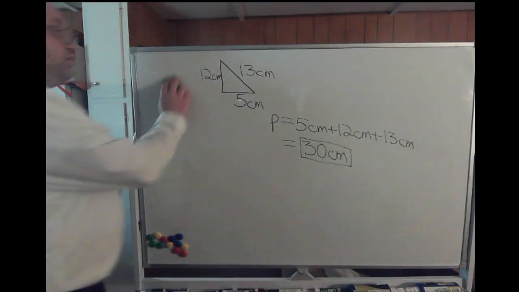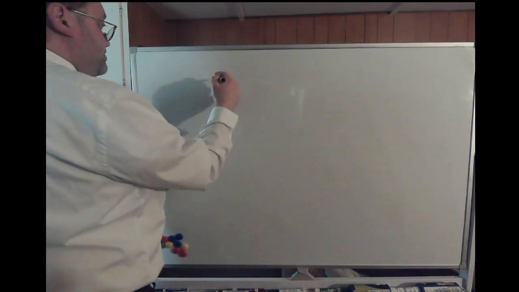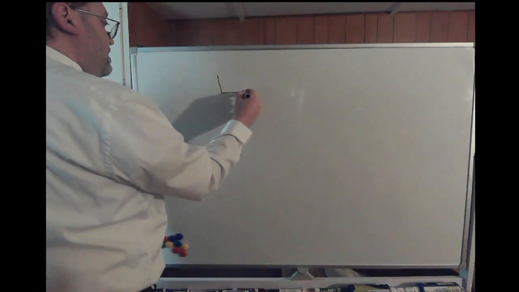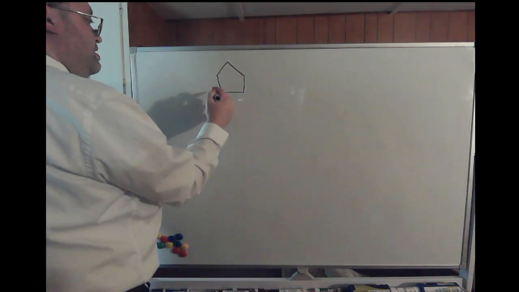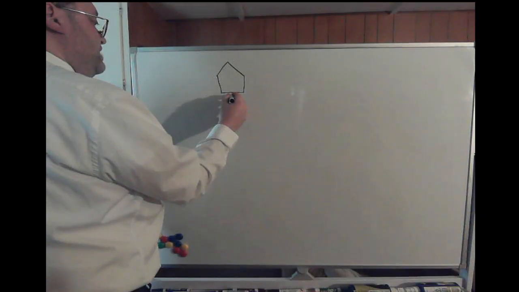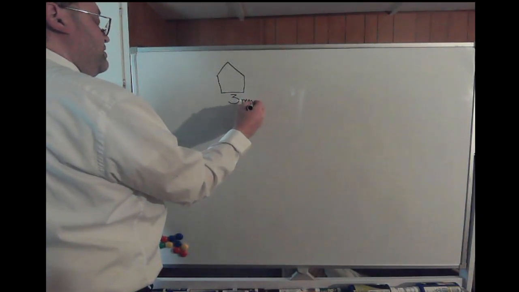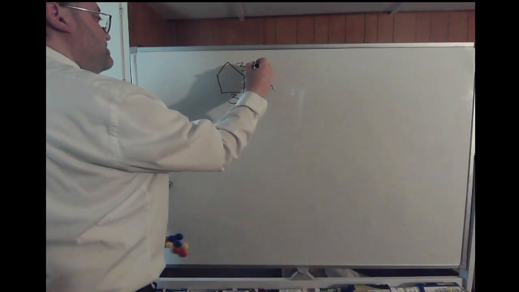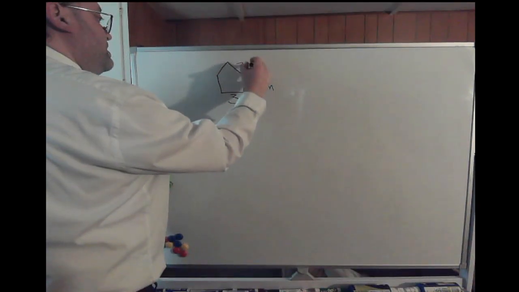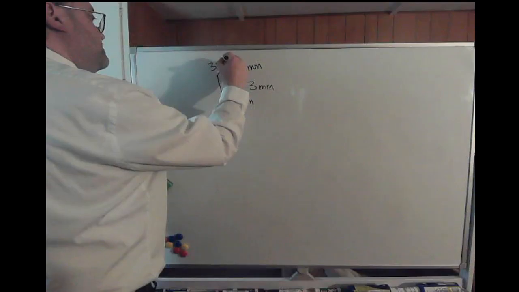But we've dealt with triangles. Let's say I'll draw a pentagon here with each side having 3 millimeters. Each side has a length of 3 millimeters, right?